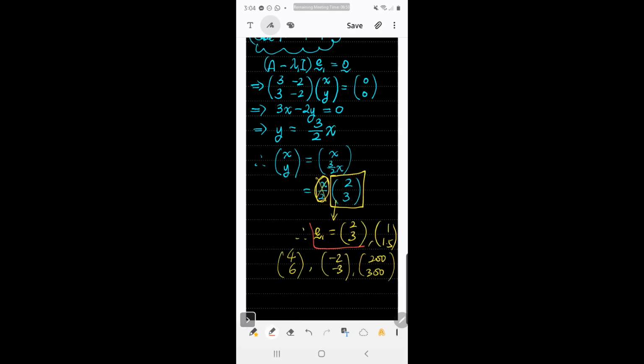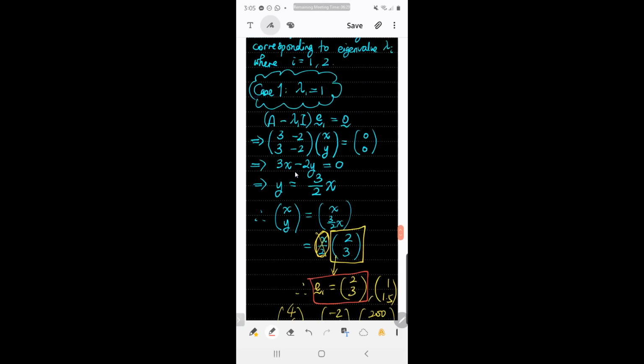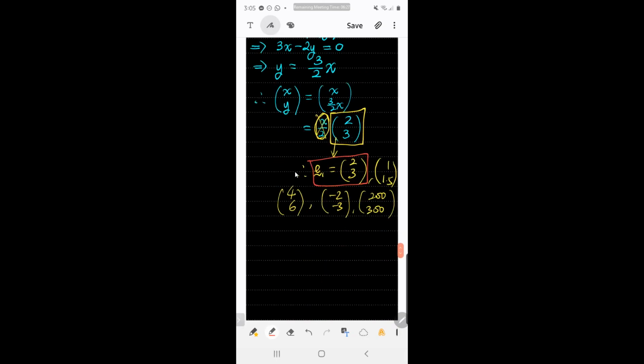In this case, E1 equals 2, 3. Because later on, you may need to use the eigenvectors to generate the inverse matrix. If you use 4 and 6, then the inverse matrix will look a bit weird or different. So that is the first case. The first eigenvector is found.